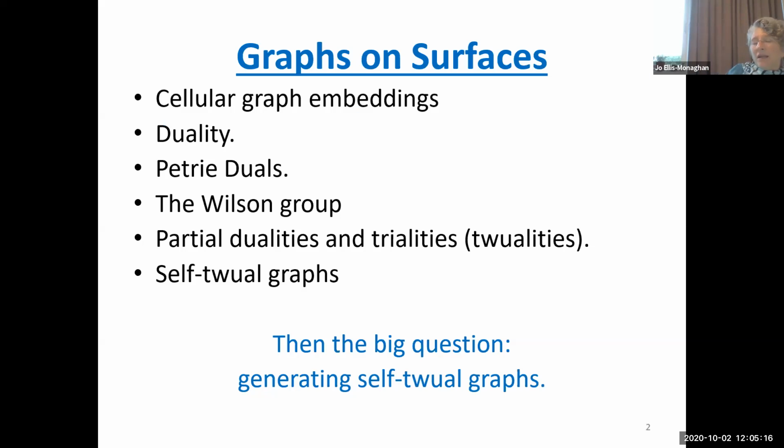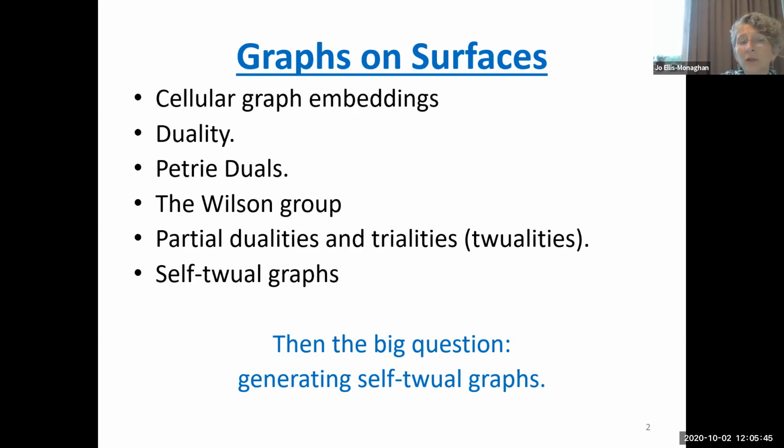So what we're looking at here are graphs on surfaces. We're looking at cellular graph embeddings and duality, the usual geometric graph duality, looking at Petrie duals, looking at the Wilson group, which is the action of taking duals and Petrie duals on embedded graphs.